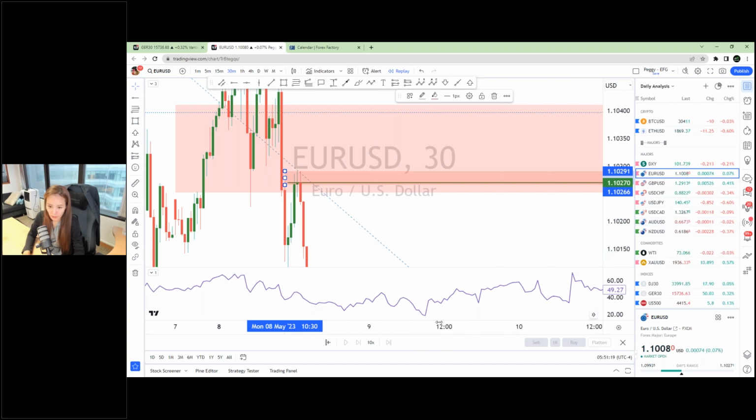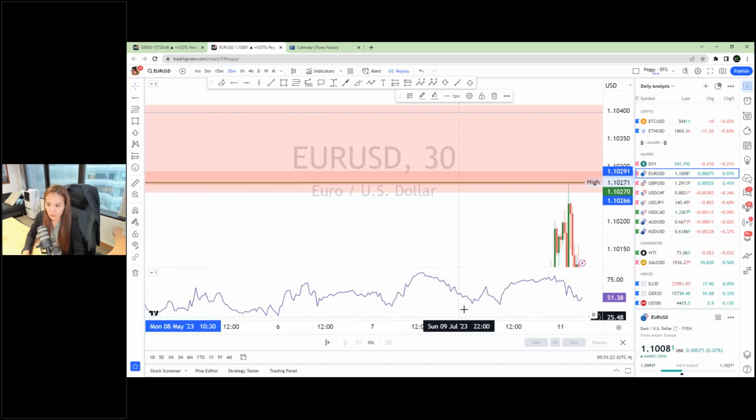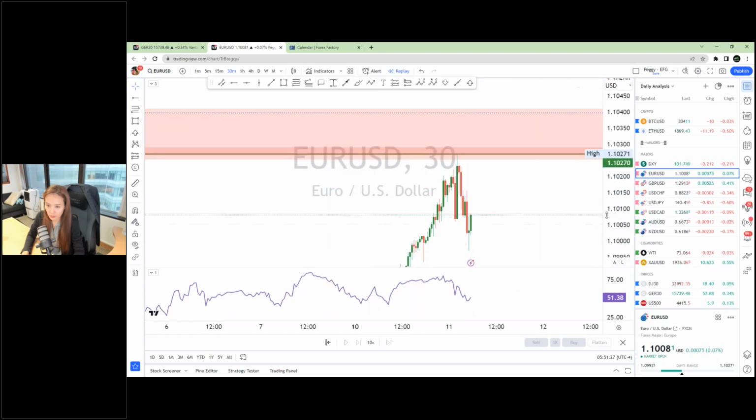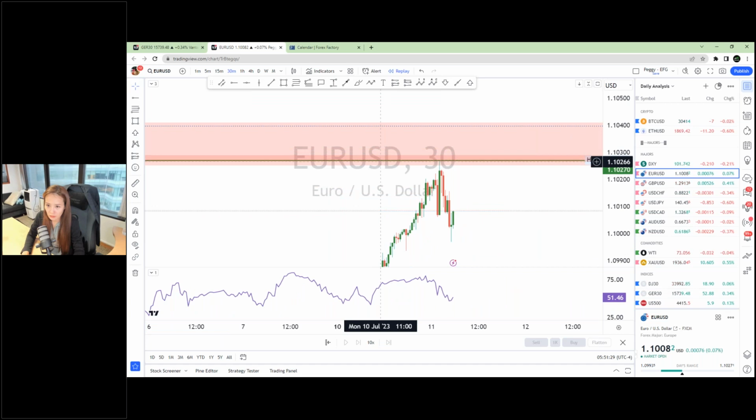Let me go to here. This is our M30. Price from here touches around 1.1027, and then goes all the way down to here.